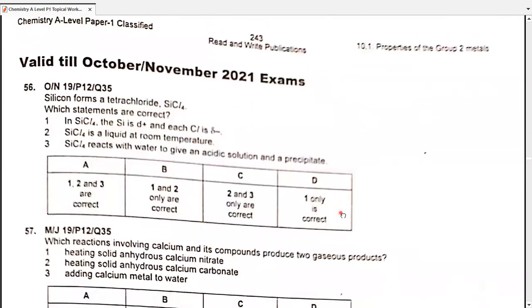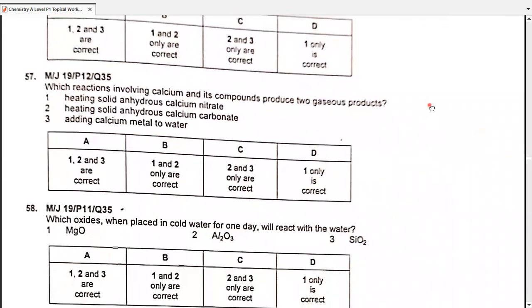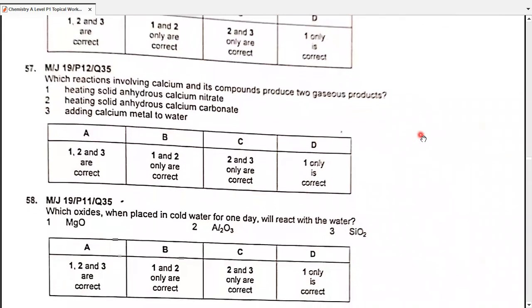Okay. Too easy. 56 seems too easy. You'd easily be able to tell that they're all correct. So no on this. Again, too easy.